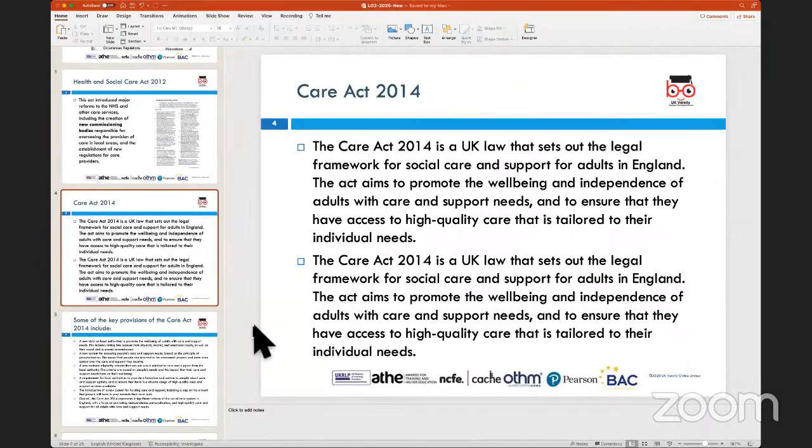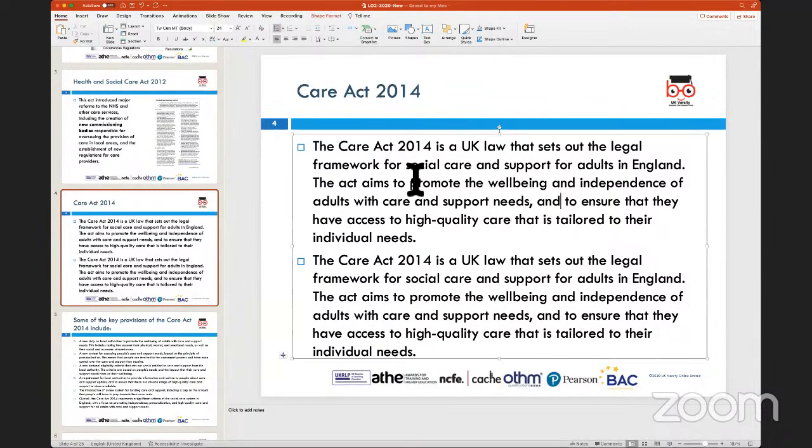So when you look at the presentation, that's the CARE Act, and I've added 2 slides essentially to talk about what this is looking at doing. This is basically related, as I mentioned to you, to a framework for support and social care services.